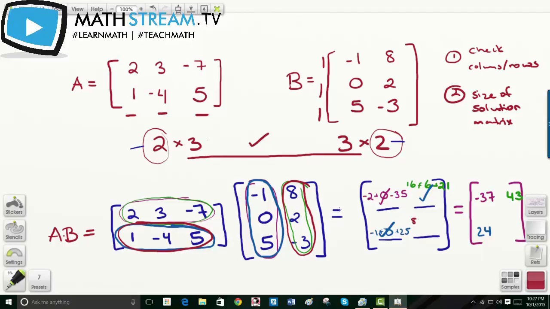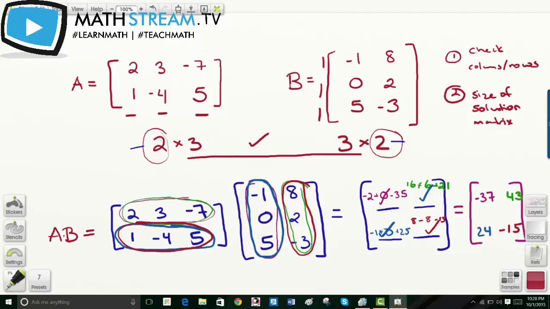Second pair is -4 times 2 is -8. So I'll put -8. And then the final pair is 5 times -3, which is -15. So I have 8 minus 8 is 0. Minus 15 is -15. So my last number is -15. And that is my answer.